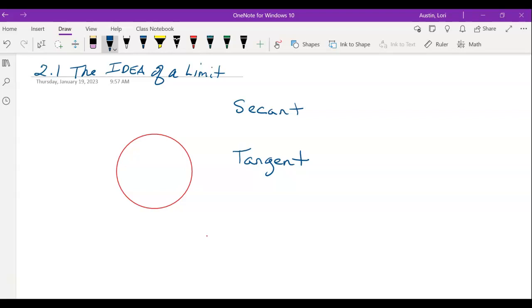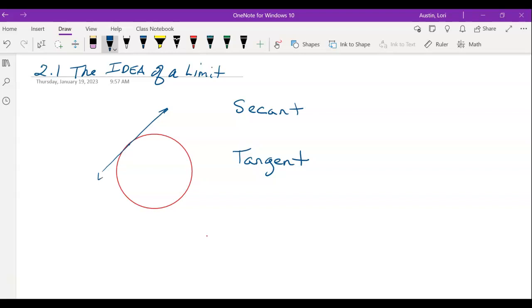Maybe you remember a tangent line to a circle. What does a tangent line to a circle do? I think it's a line that sort of perfectly merges into a circle. Like around the border. Like that?